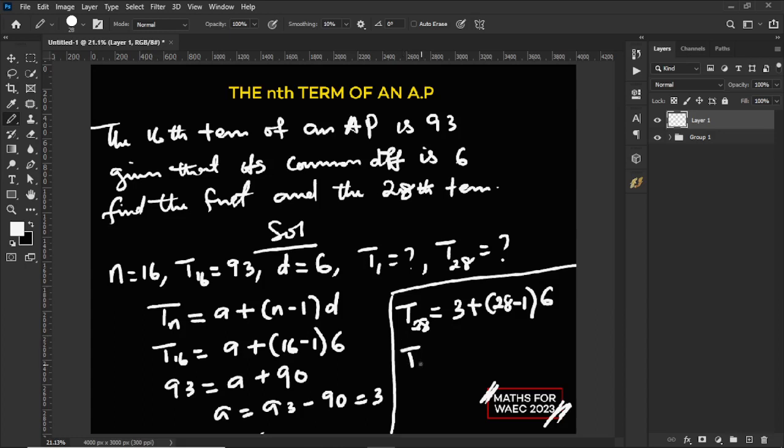So T28 equals 3 plus 27 times 6. That's 162. That will give us 165. So you can take it down. That's the result.